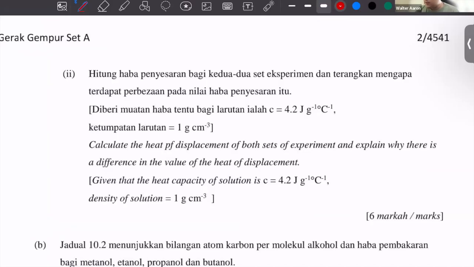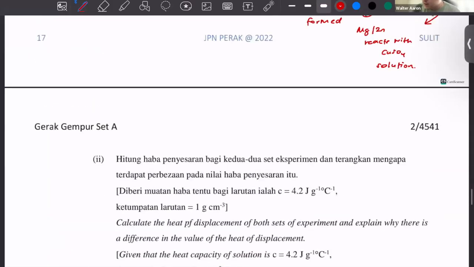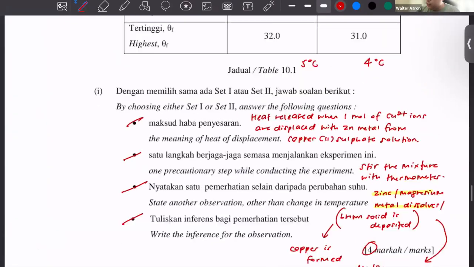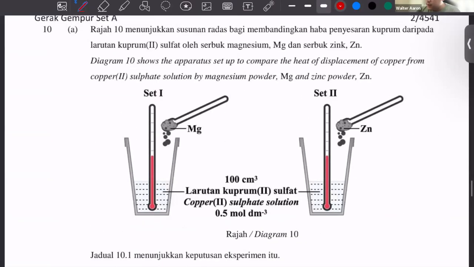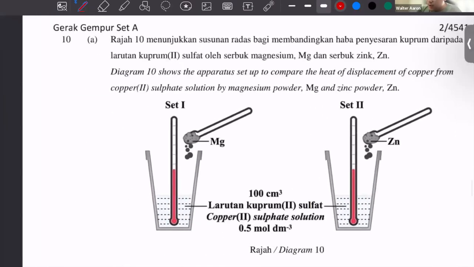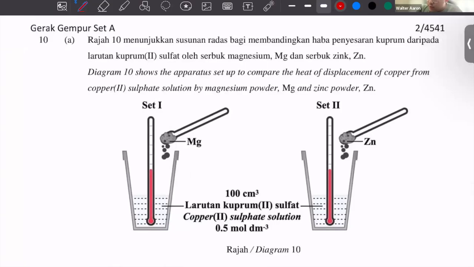So we calculate using 2 formulas: Q is equivalent to MC theta, and delta H is equivalent to Q over n. M is the mass of the solution, C is the specific heat capacity, theta is the temperature change.